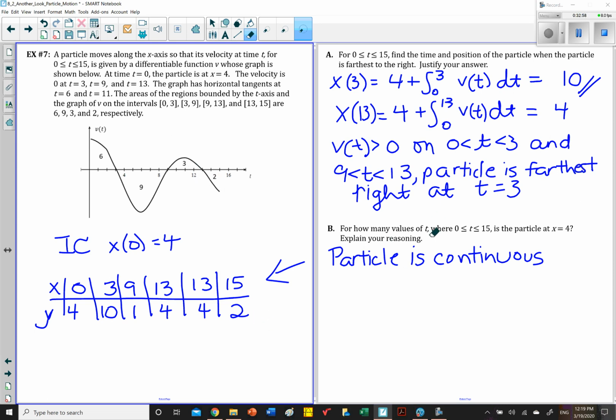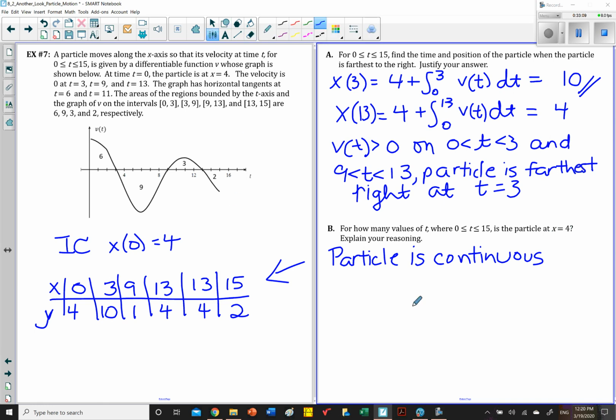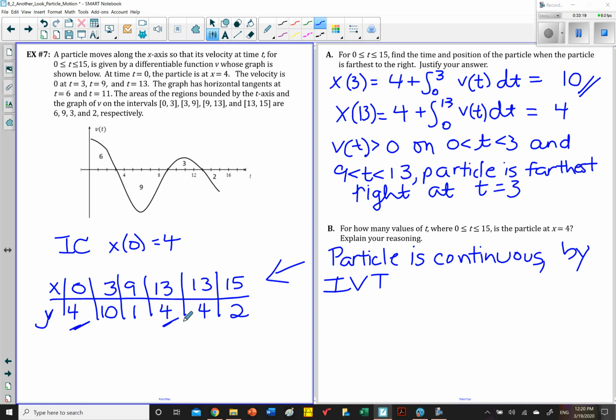So the prompt is asking us on that interval of 0 to 15 units of time, is the particle at 4, and how do we know? So by the intermediate value theorem, we could say that there's going to be 3 times, 1, 2, 3, where t takes on the value of 4, and put that into words.